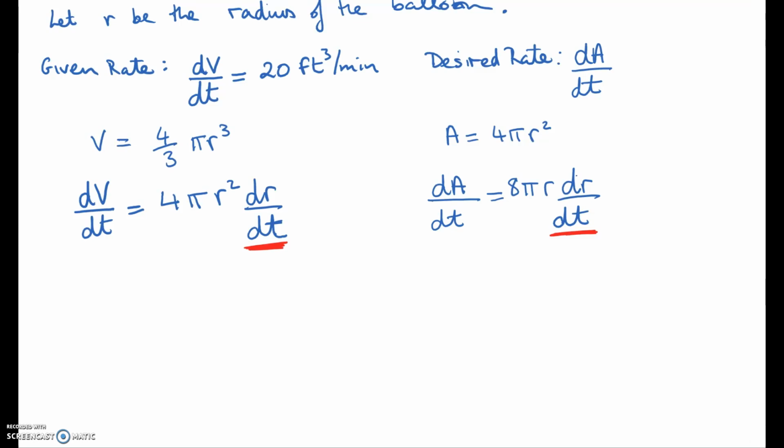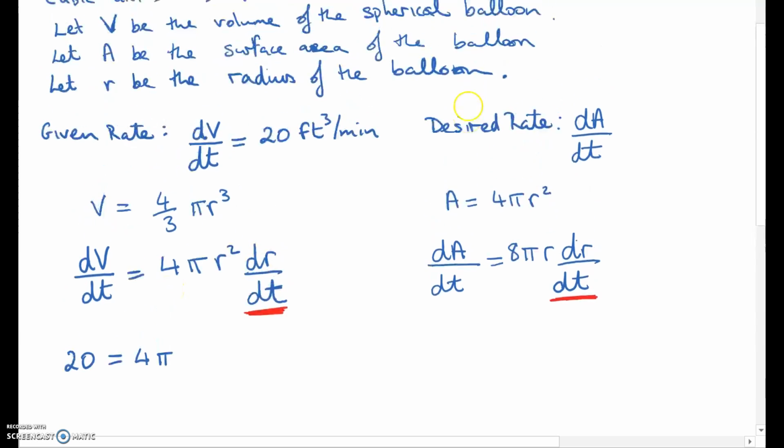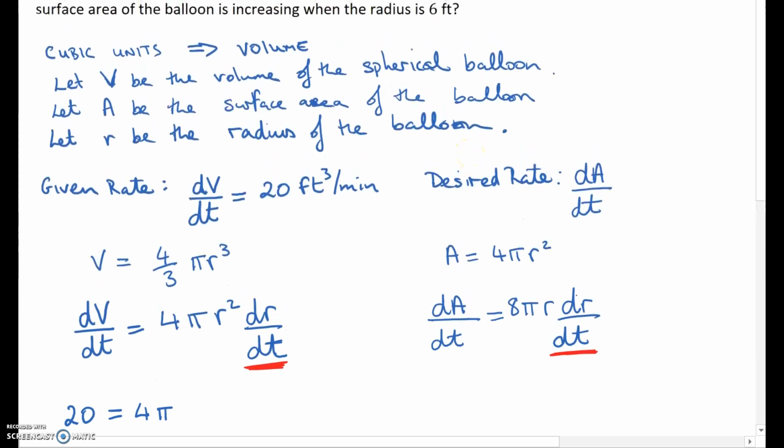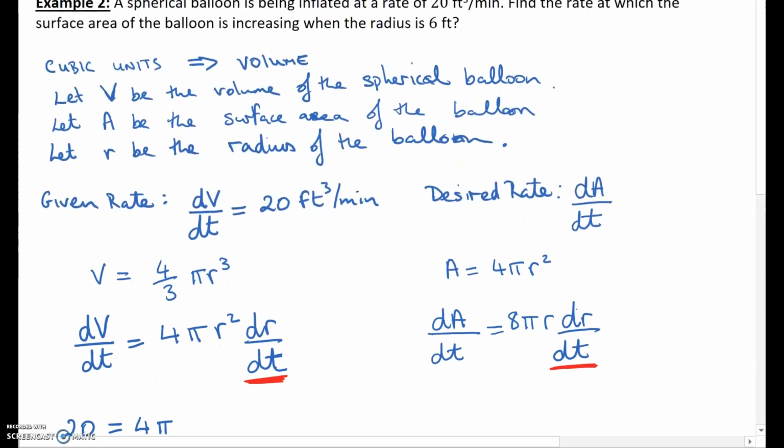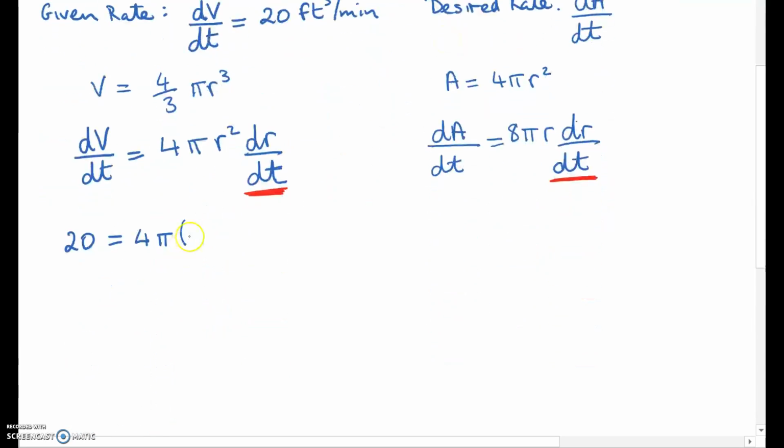Well, let's see what we can do with this. Let's work with dV/dt, because we know what that is. We know that dV/dt is 20 cubic feet per minute, equal to 4 pi, and we have differentiated now, so we can put in any variables that we know. We were told, if we look back at the question, that the radius at this point is 6 feet. So we can put in the radius as 6 squared dr/dt. Now the only unknown we have here is dr/dt. So that gives you 20, 6 squared is 36, and 4 times pi times 36 dr/dt.